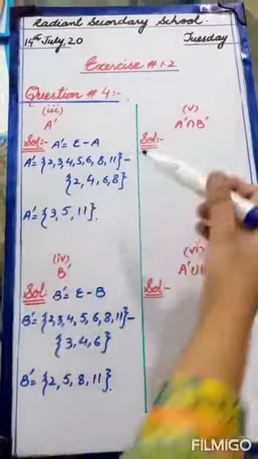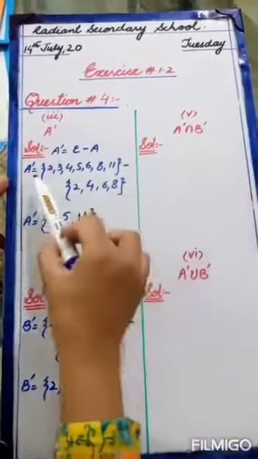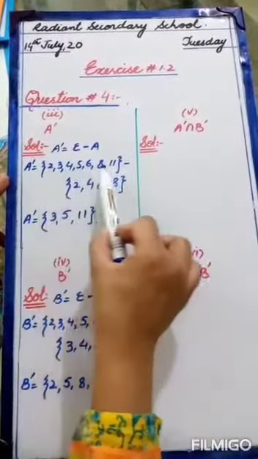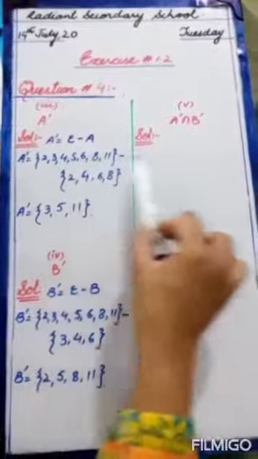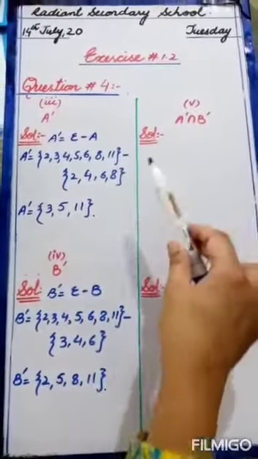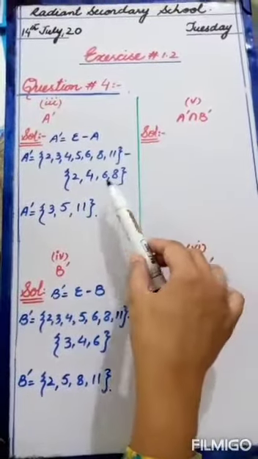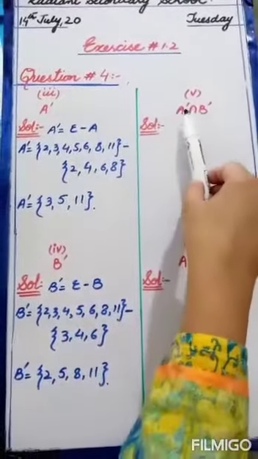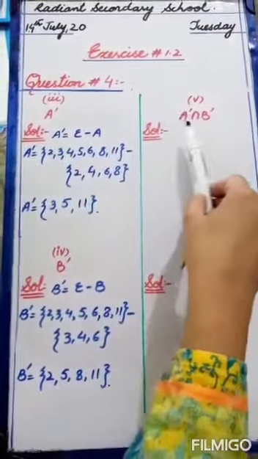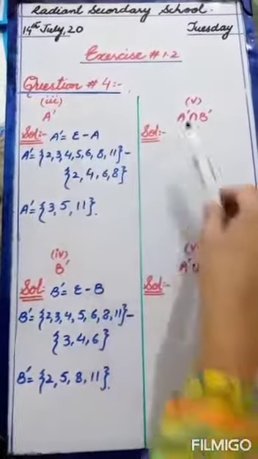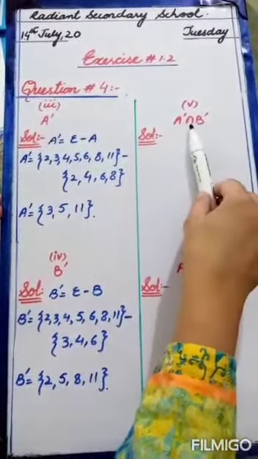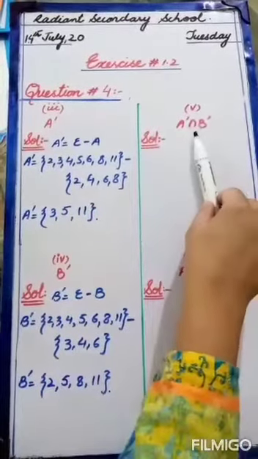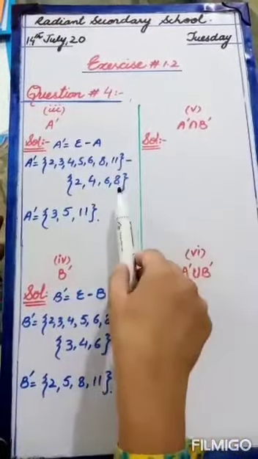Students, remember one point, you have to write this complete statement, A complement is equal to universal set minus this set, in one line, right? I am doing this question on the board and I have to tell you parts number 5 and 6, and I don't want to erase the A complement and B complement because we have to take their intersection in the next part. That's why I am doing it in the congested area.